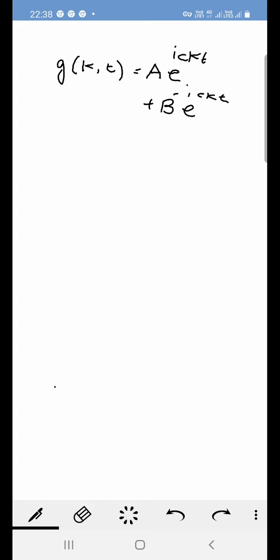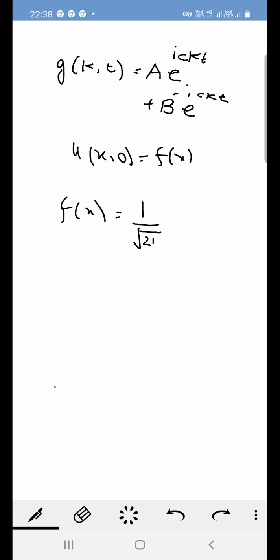Now we started with the initial condition that u(x, 0) is equal to f(x). So in that case f(x) will be equal to 1 by root 2 pi, integral from minus infinity to infinity of g(k, 0) e to the power ikx dk.